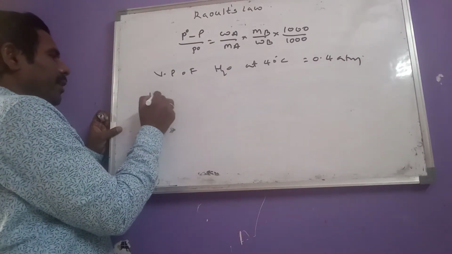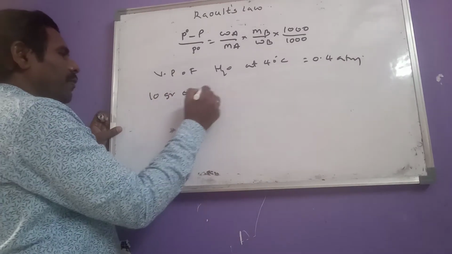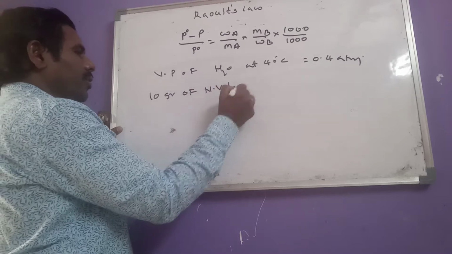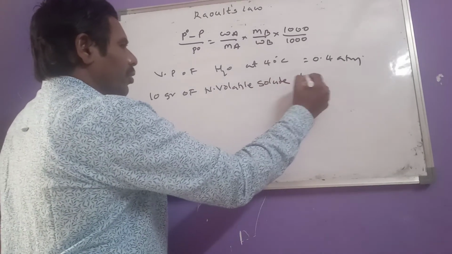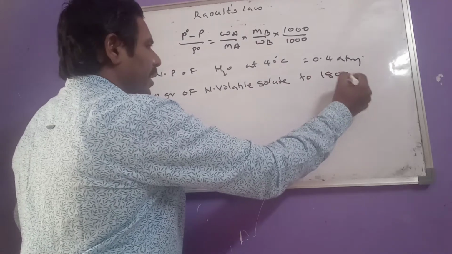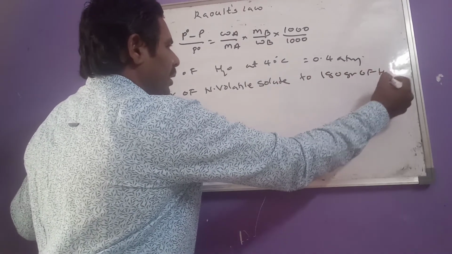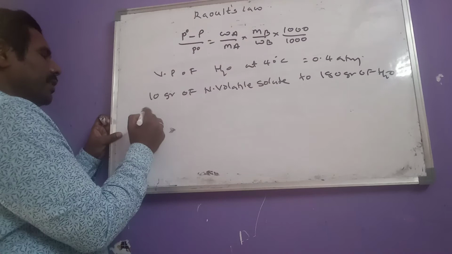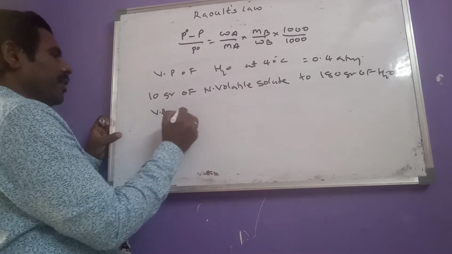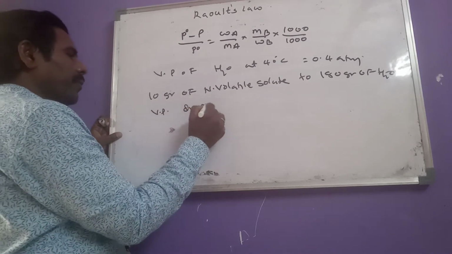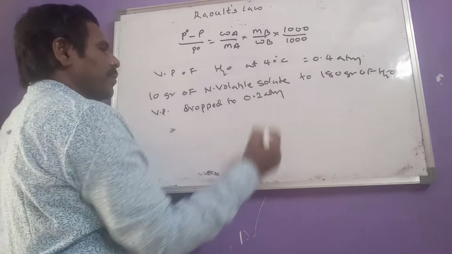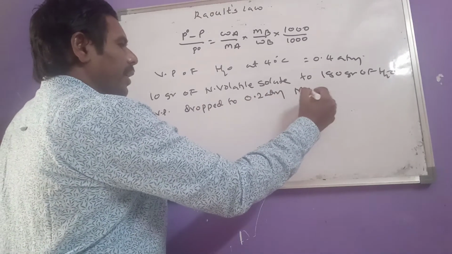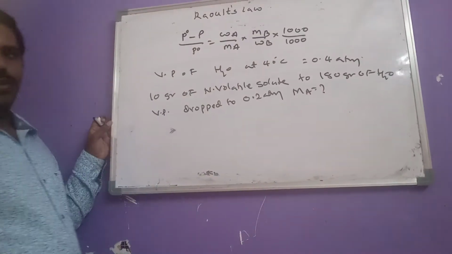By adding 10 gram of non-volatile solute to 180 gram of water, its vapor pressure dropped to 0.2 atmosphere. What is the molecular weight of the solute?